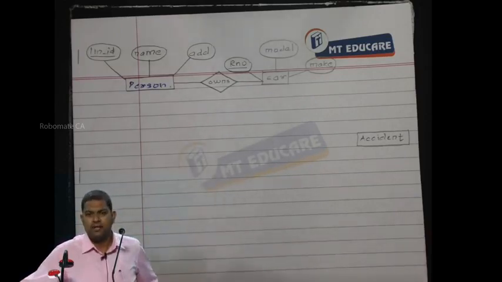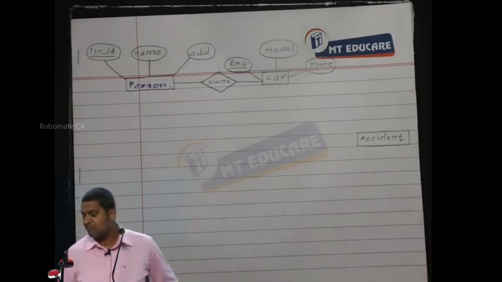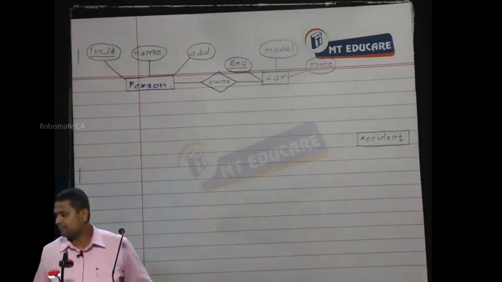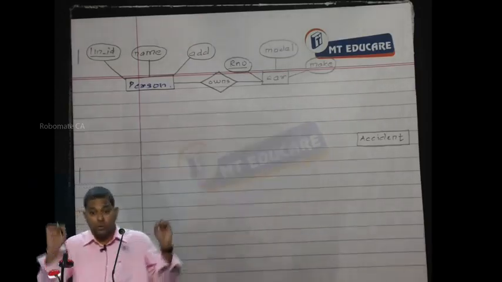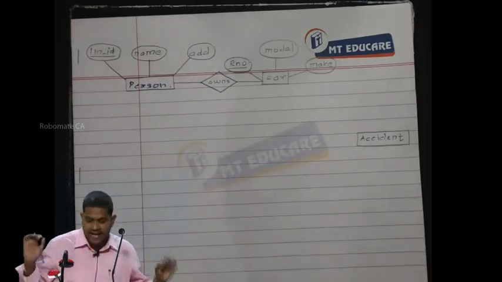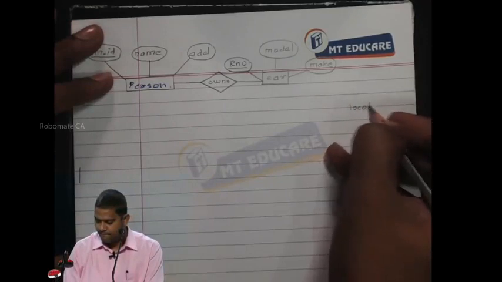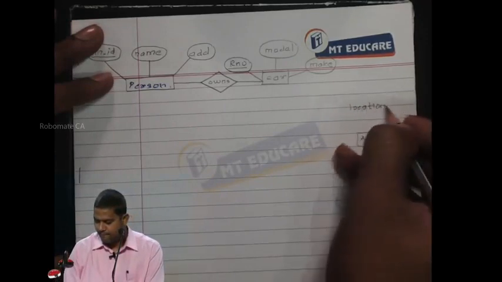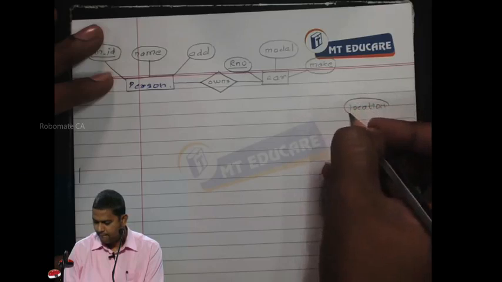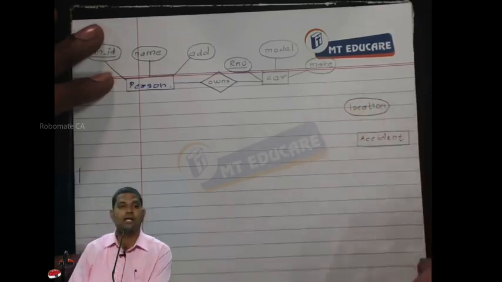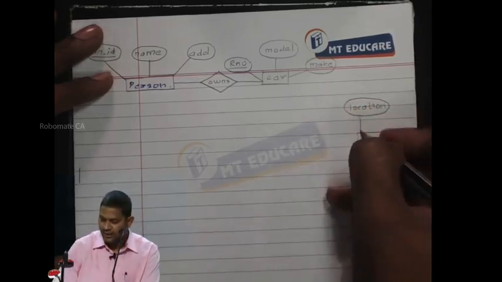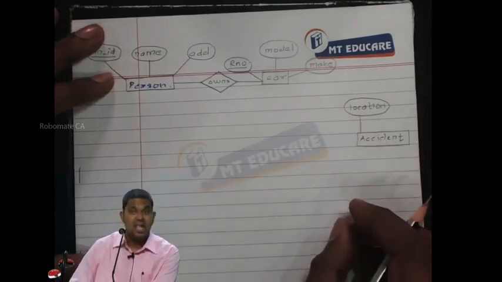Now, what attributes can we mark for a particular accident? Number one, it could be the location, where exactly it happened. So I have the first attribute with me. It's called the location, and that becomes the attribute of accident.